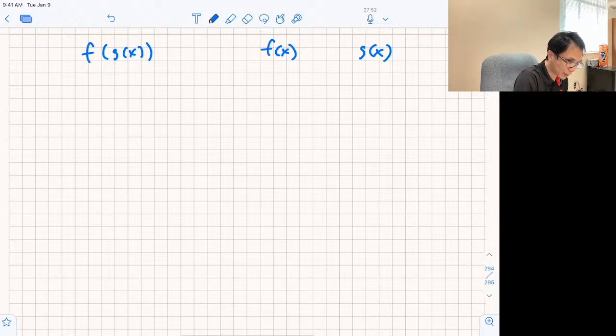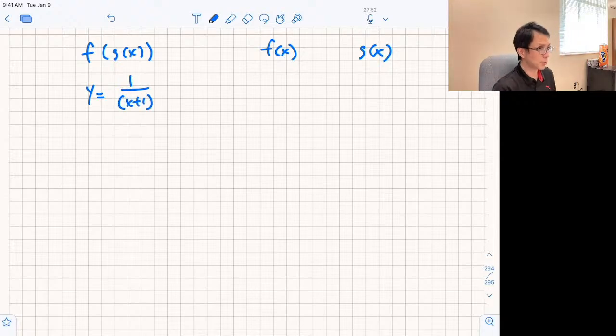For example, the first one: y equals 1 over x plus 1. So this f of g of x is equal to 1 over x plus 1. What will be f of x and what will be g of x in this case?